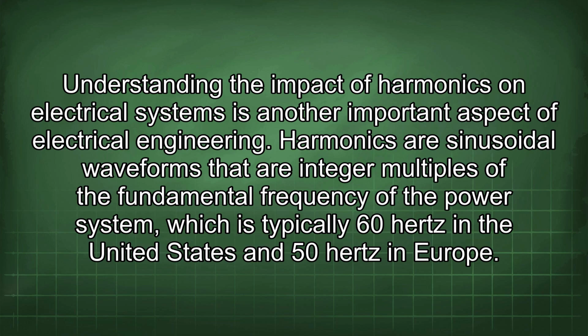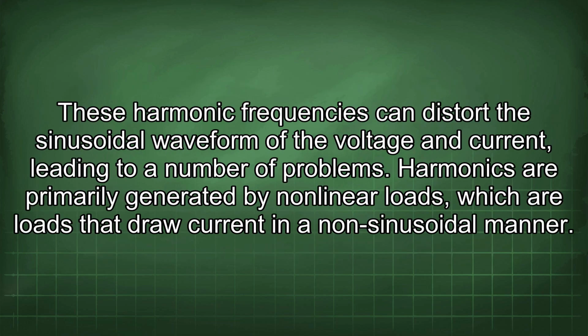Understanding the impact of harmonics on electrical systems is another important aspect of electrical engineering. Harmonics are sinusoidal waveforms that are integer multiples of the fundamental frequency of the power system, which is typically 60 Hz in the United States and 50 Hz in Europe. These harmonic frequencies can distort the sinusoidal waveform of the voltage and current, leading to a number of problems.